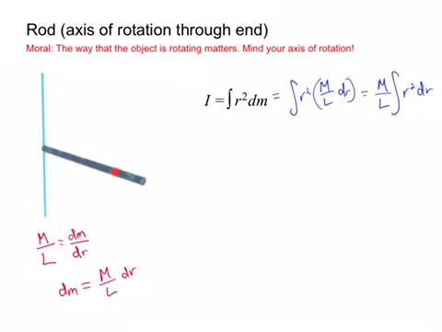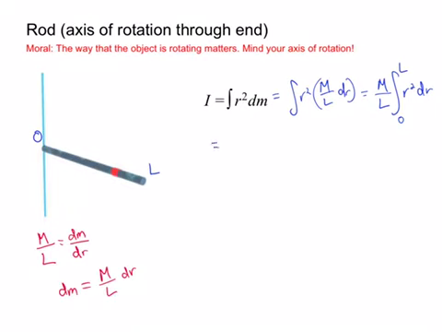However, we have to remember that the axis is located differently, and for that reason, we now have to integrate over different limits. So here, we're going to start at the limit of 0 and go all the way to a full capital L. So those are our limits of integration.